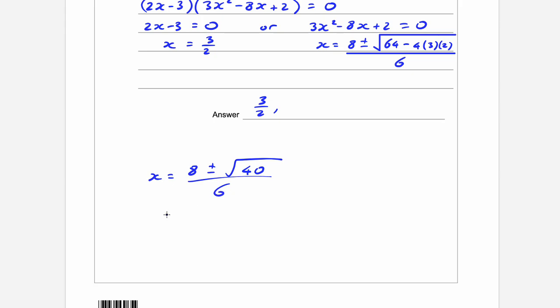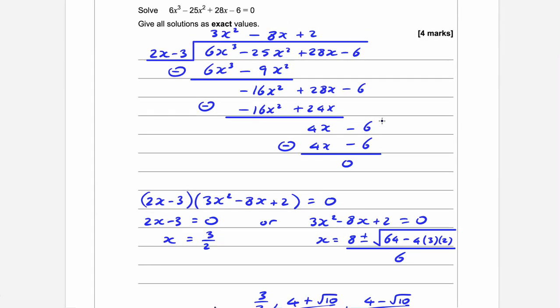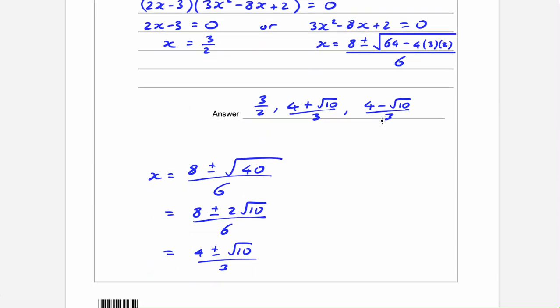This over 6 equals 8 plus or minus root 4 times root 10, which is 2 root 10, over 6, which is 4 plus or minus root 10 over 3. So my roots are 3 over 2, 4 plus root 10 over 3, and 4 minus root 10 over 3. And those are my exact solutions.